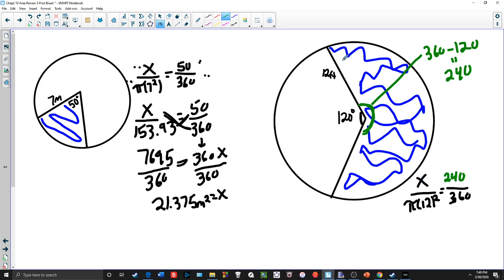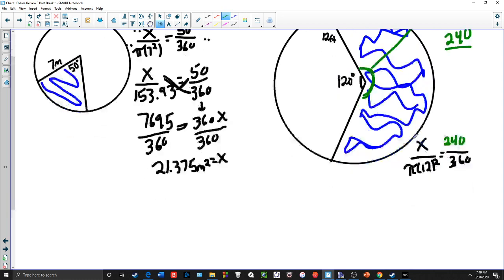And again, the reason is because my sector is shaded with this angle in mind, not with the back angle in mind. So just be careful when they try to throw that to you and they shade the region behind the angle. You're not going to use the angle as your measurement. You have to do this little 360 minus 120 bit to get your angle, and then use that in your formula. Because again, a full circle is 360. So if I take away the 120, that means whatever's left has to be for this angle over here.